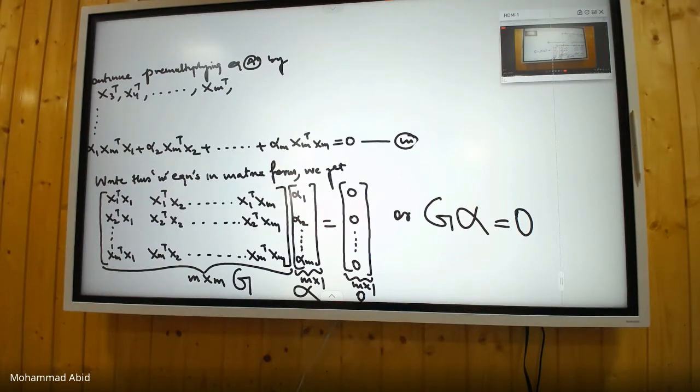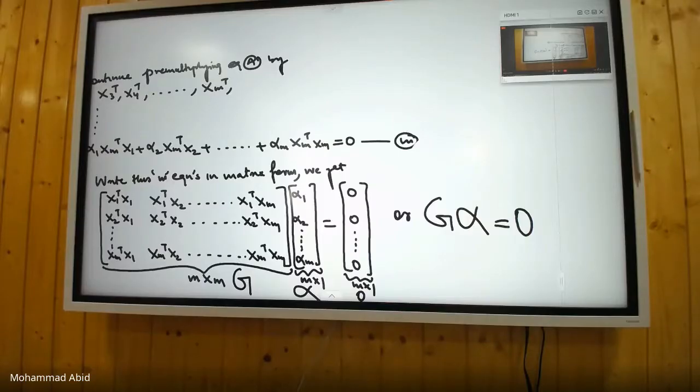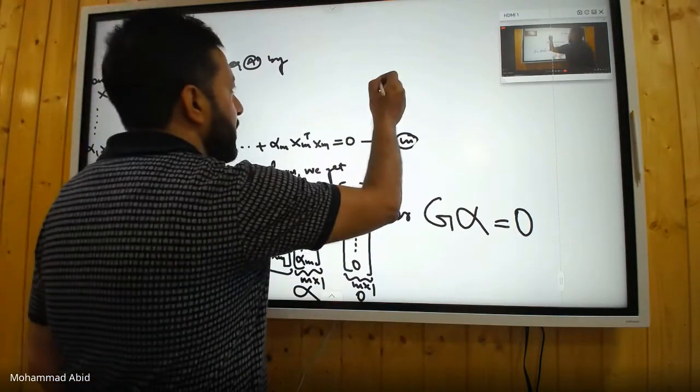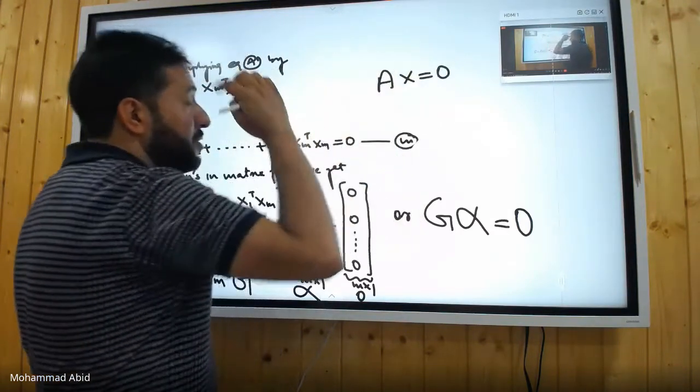Are you getting me? Yes, sir. This is a set of M simultaneous equations. Now, you know, this is an equation of this form. Ax equal to 0. Isn't it?